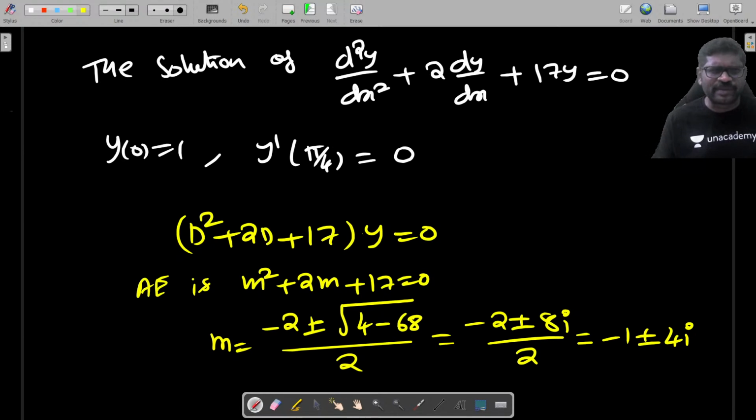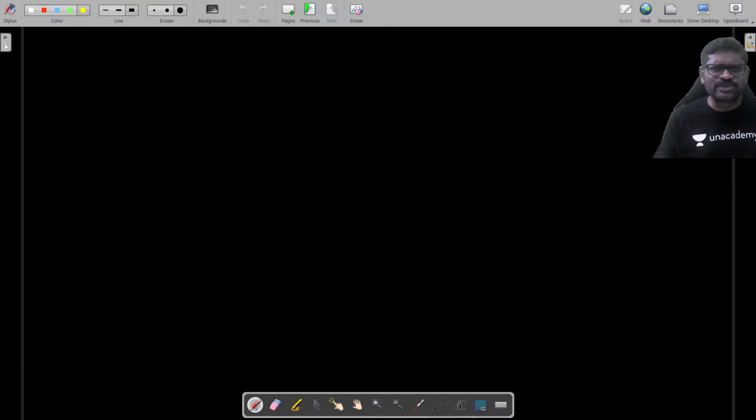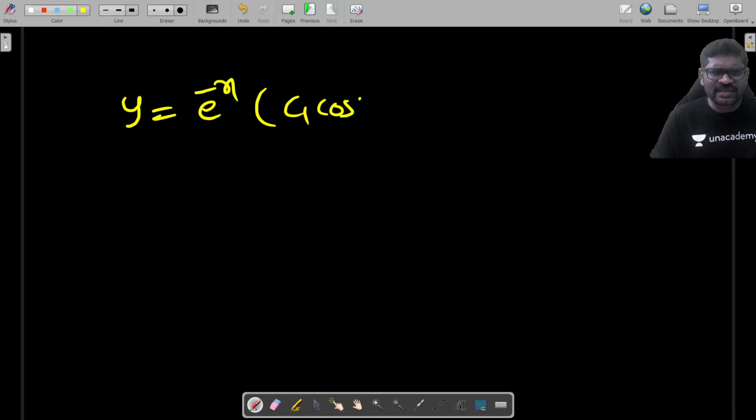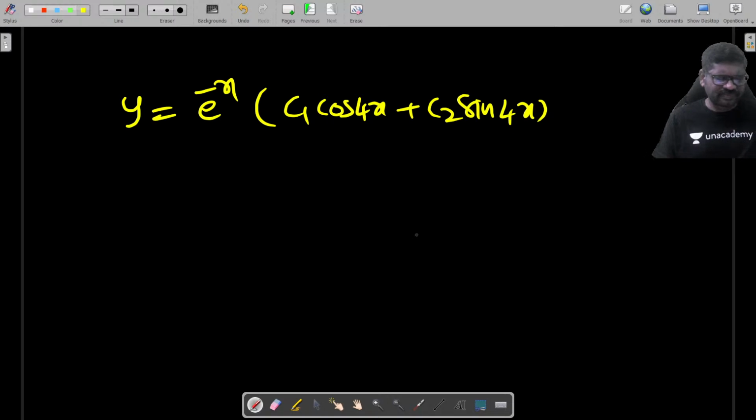Roots are imaginary, therefore the solution is y is equal to e power minus x of c1 cos 4x plus c2 sin 4x. Call it equation 1.